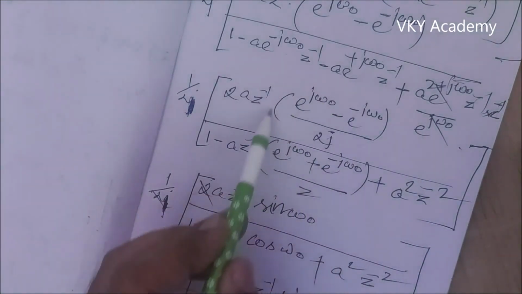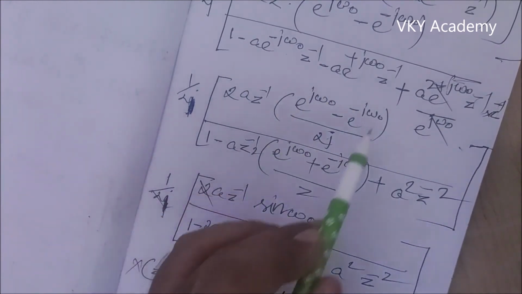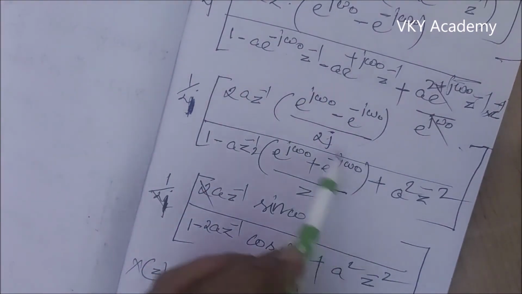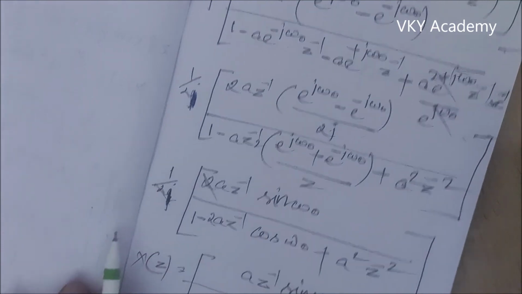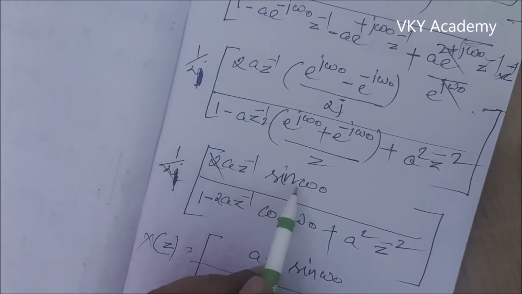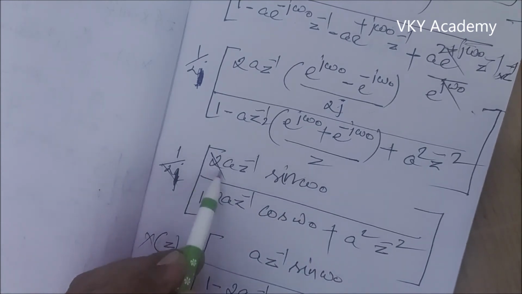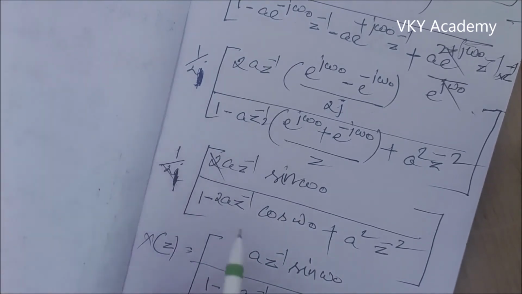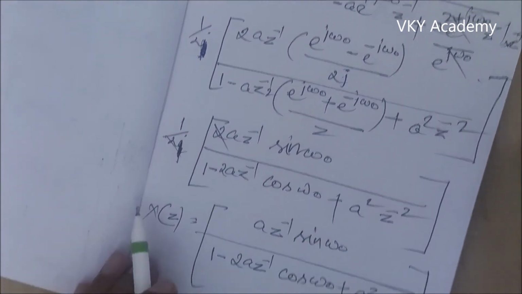Now this particular term is a sine function and this particular term is a cos function. So finally we can write 1 by 2, a z inverse sine omega naught, because this 2 is cancelled with this 2, and in the denominator we have 1 minus 2 a z inverse cos omega naught plus a square z to the power minus 2.